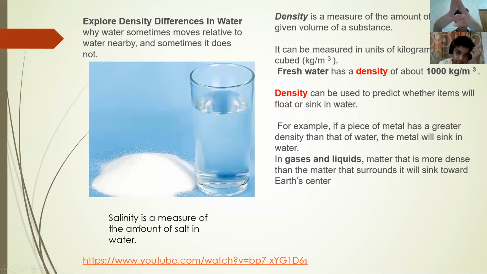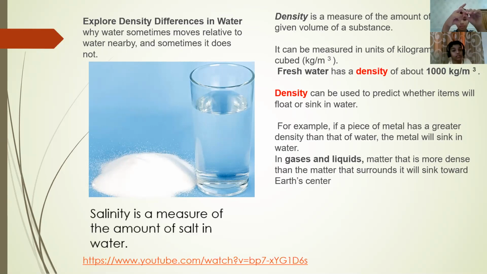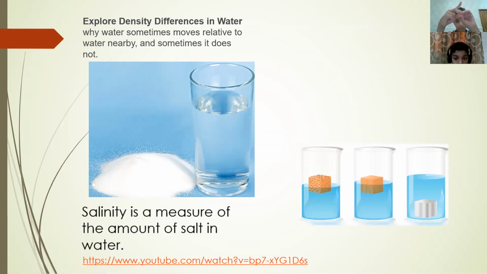When we are talking about the salty water, we are talking about the salinity. Salinity is a measure of the amount of salt in water. It depends on the amount of salt. What makes the density different is that there's too much salt in the water. So I will post this one into the Edmodo for you to check again so that you'll be able to learn more about the salinity.